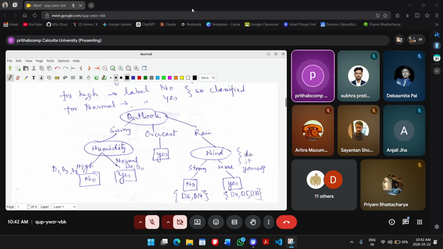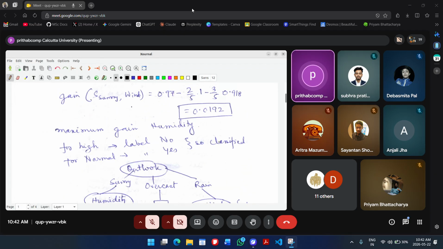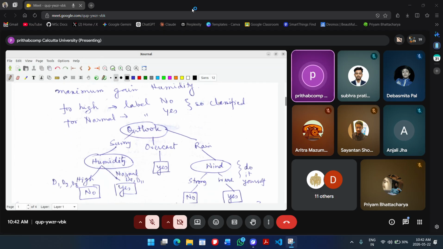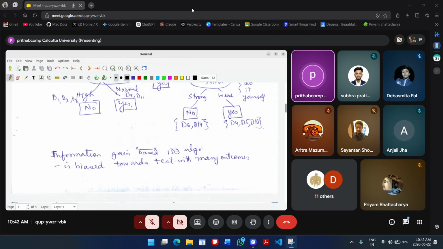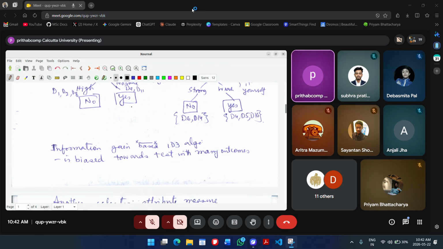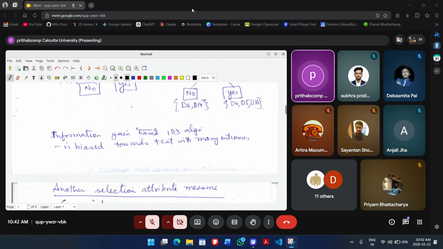In this note, the entire thing has been done for the sample data set that was used. So you can do it on your own and see if you are getting the same result. That will help you in exams. Just knowing the algorithm is not enough, you need to do it properly.